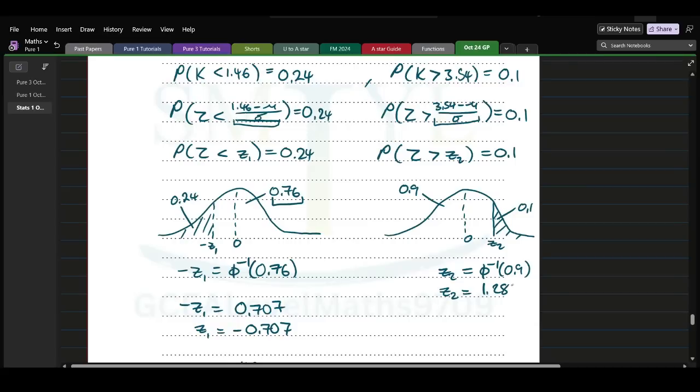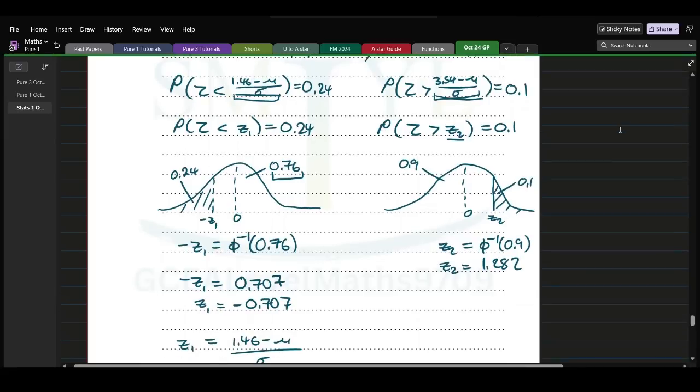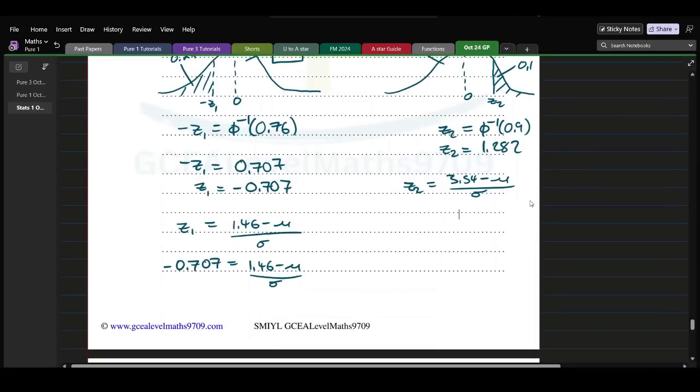And like we did earlier, Z2 is equal to the expression we have over here. So Z2 is equal to (3.54 minus mu) over sigma. Let's substitute Z2 with 1.282. So 1.282 is equal to (3.54 minus mu) over sigma.